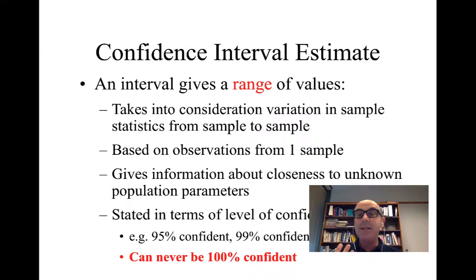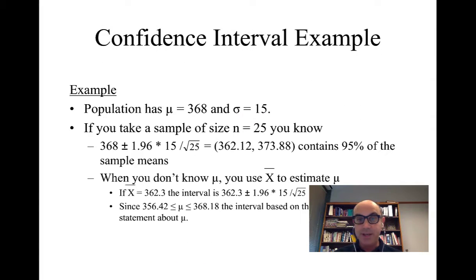The confidence interval estimate is the interval that gives a range of values, taking into account the sample statistics and the sample to sample variation, and it's based on observation from one sample, and it gives information about closeness to an unknown population. And in these terms, we are talking about 95% and 99%. We can never be 100% confident.